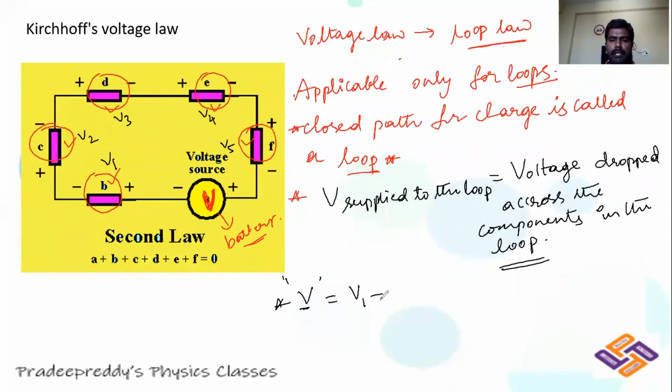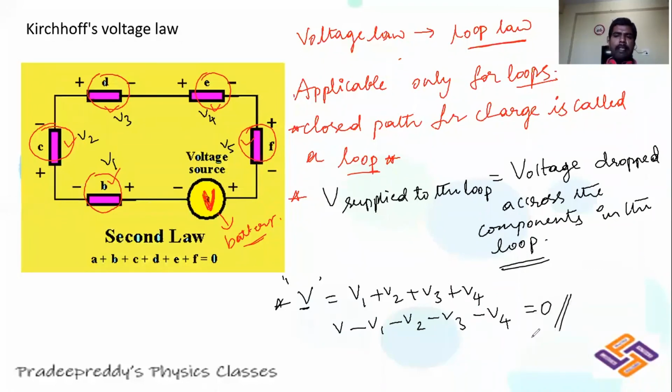It is V1 plus V2 plus V3 plus V4, or I can simply write it as V minus V1 minus V2 minus V3 minus V4 is equal to 0. That means net voltage within the closed loop is equal to 0. This is what Kirchhoff's voltage law, or loop law, states. It is also called the loop law because it is applicable only for loops.